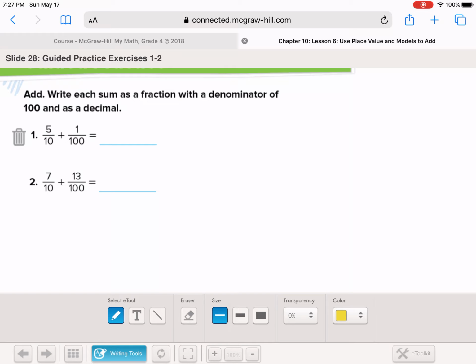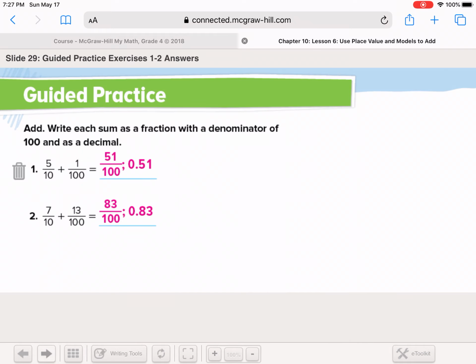Now, 7/10 plus 13/100ths. Change your 7/10 to 70/100ths. 70 plus 13 is 83 over 100. And they wanted them as decimals. So here you go. This is in your guided practice.